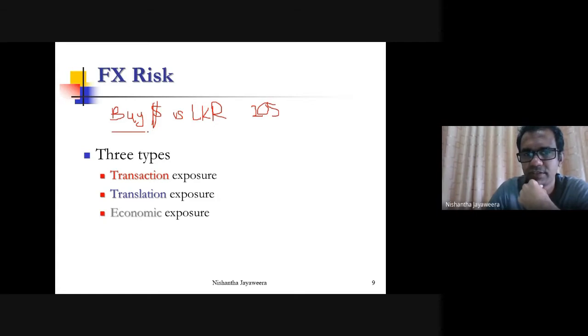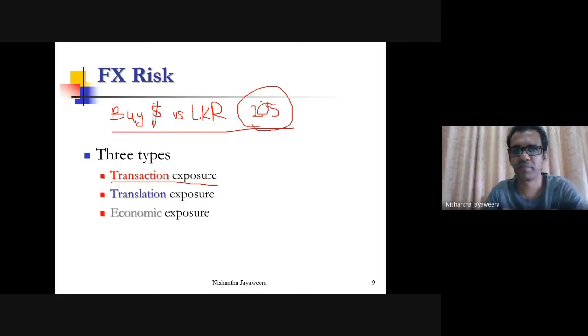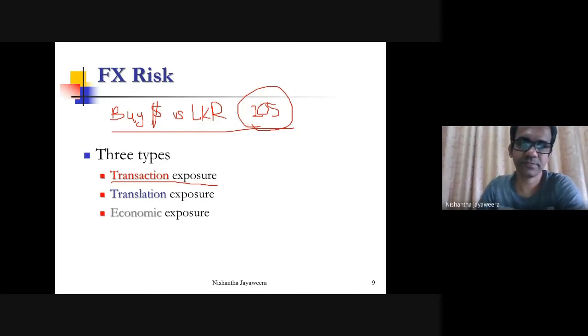Whenever you enter into this agreement, this rate is fixed. So now you don't face any transaction exposure. You know the amount of rupees that you have to pay. That is fixed.